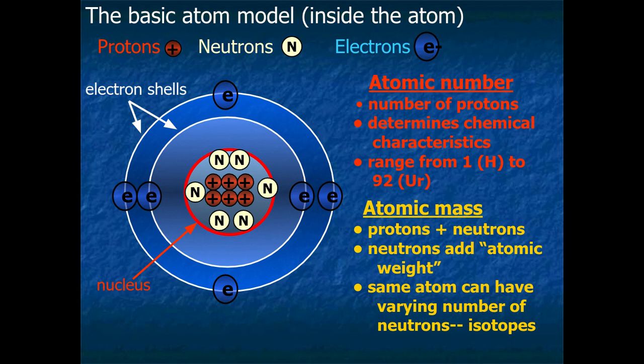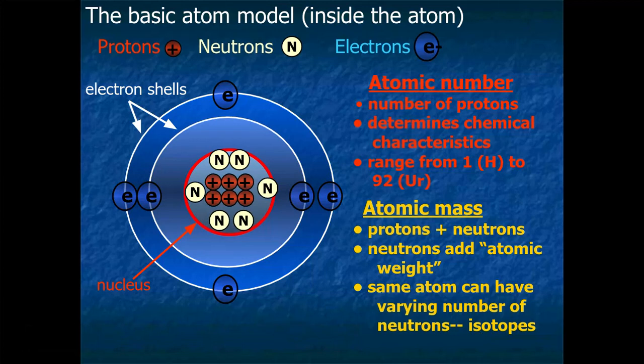An example would be the difference between a carbon-14 atom versus a carbon-12 atom. They both have the same amount of protons, which I believe is 6, but the number of neutrons will differ. When we have differing numbers of neutrons inside the nucleus, along with the same number of protons, we refer to those as isotopes.